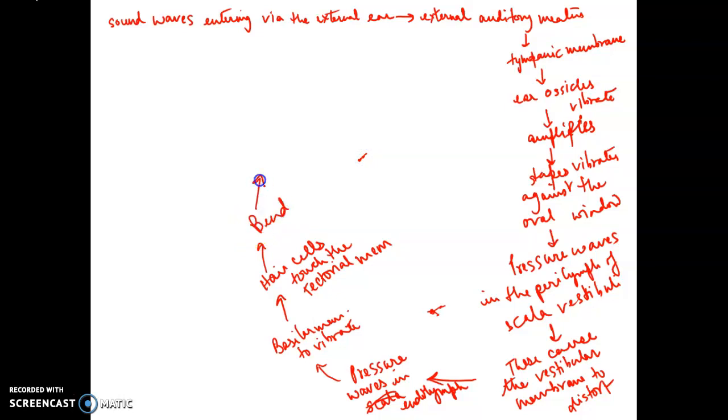As the hair cells bend, the action potential is carried by the cochlear branch of cranial nerve 8, and the information then travels to the temporal lobe.